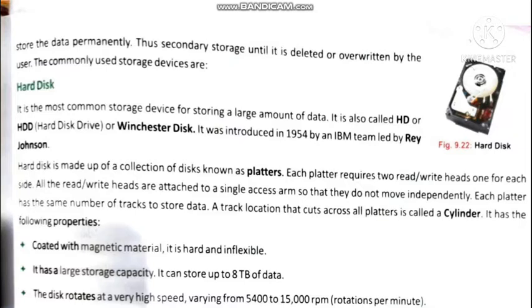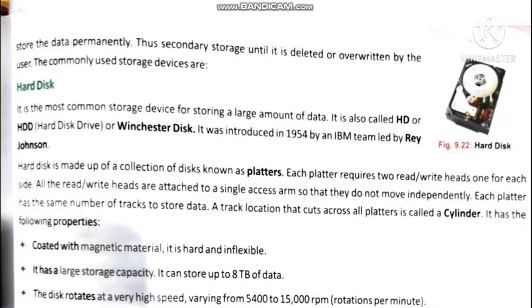Now we'll talk about the structure and configuration of the hard disk. You all have seen different types of CDs. When you stack all these CDs on top of each other, like plates kept on top of each other at dinner parties, the same way when discs are kept on each other, this will be the structure of your hard disk. So many discs are kept on each other, and this collection of discs is known as platters.